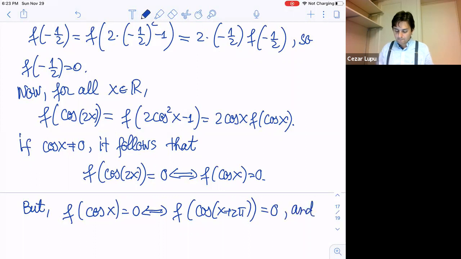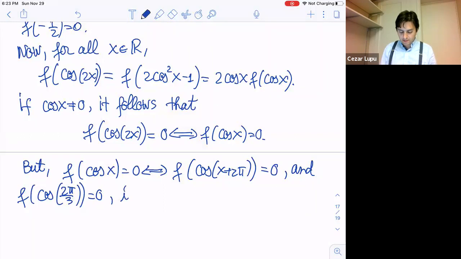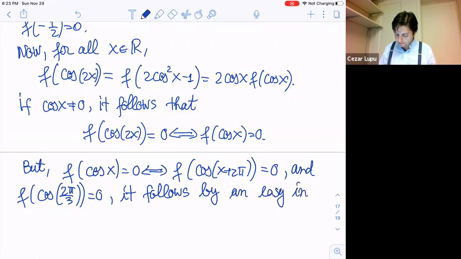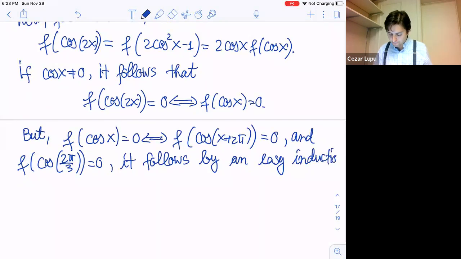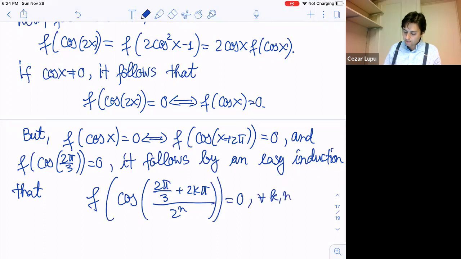And since f of cosine of 2 pi over 3 is 0, it follows by an easy induction, and I'll leave this to you as an exercise, that f of, and I'm going to be careful here, cosine of (2 pi over 3 plus 2k pi), everything over 2 to the power n, is 0 for all k and n in Z.